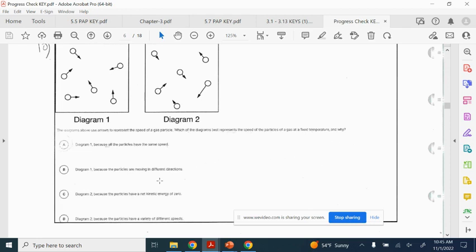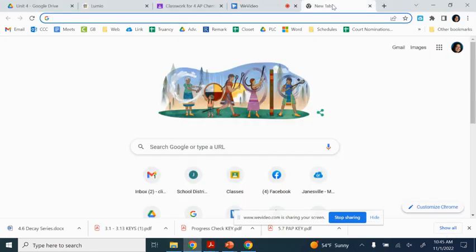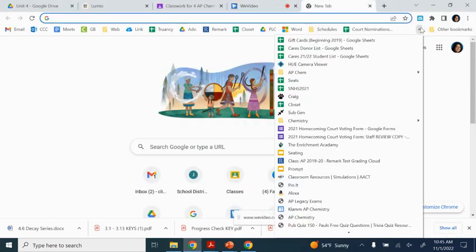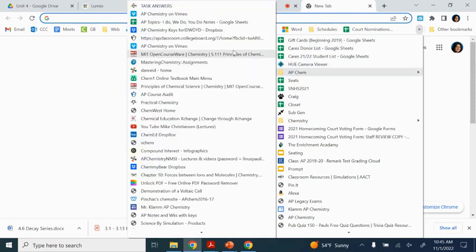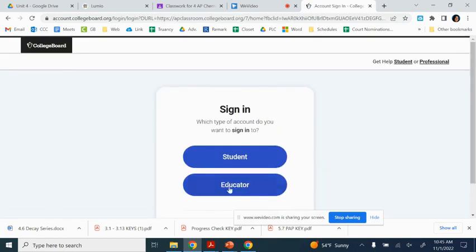Okay, well, which of the diagrams best shows it? I would say A. A makes more sense since B has different speeds. I would keep it there because it's at a fixed temperature, so they should all be the same. Now you've got me going in circles.